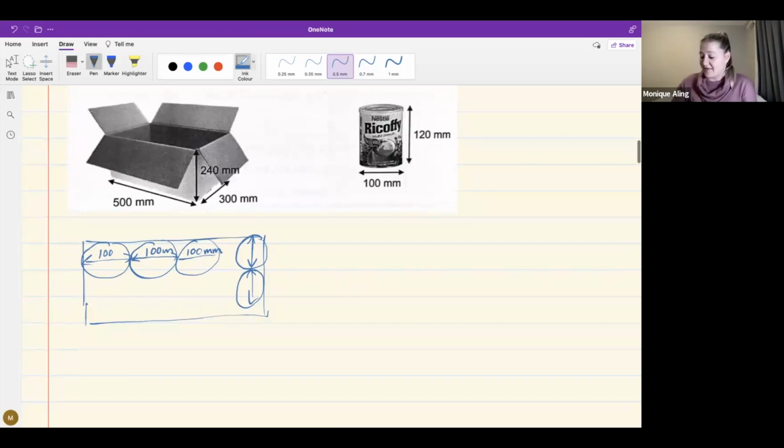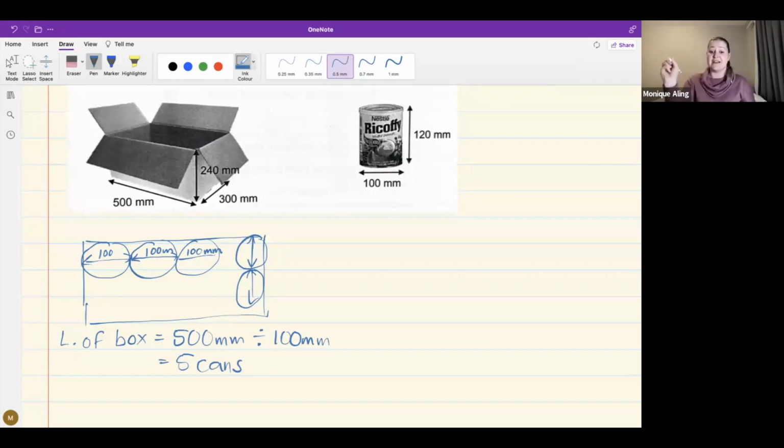So if we look at the length of our box, the length of the box is 500 millimeters. Okay, so I'm going to take my length and see how many coffee cans fit in. So how many times 100 millimeters can fit in. In order to do that, I'm going to divide by the diameter of the coffee can. So that means I can fit 5 coffee cans along the length.